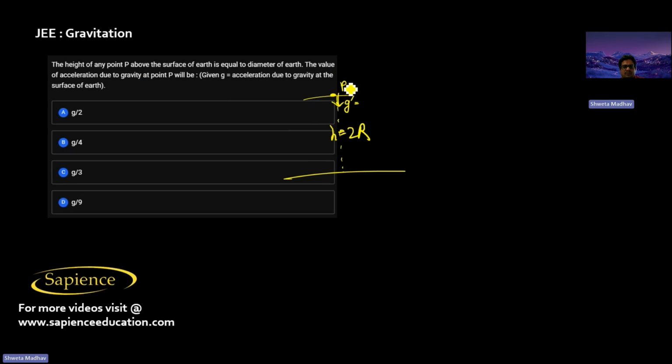So g dash will be equal to g into R square by R plus h whole square. So this is 2R plus 2R whole square. So this is equal to g R square by 3R whole square, which is 9R square. So that is equal to g by 9. So option D is the correct answer.